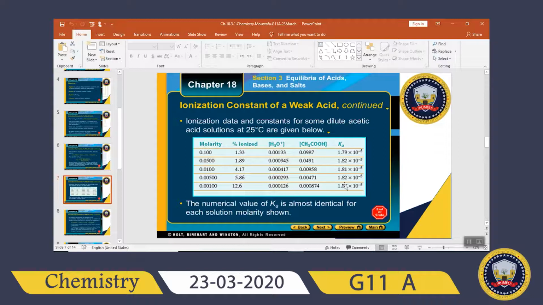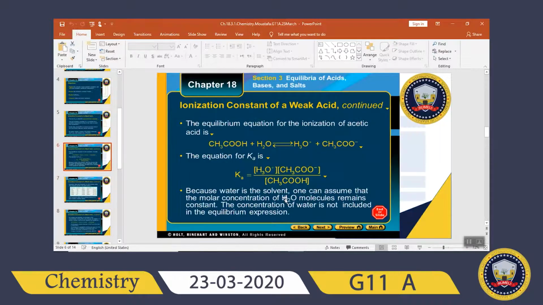Here all these values are almost the same. Why? Because you don't have any effect in the main equation. If you decrease the concentration of hydronium, you have to decrease also the concentration of acetic acid.